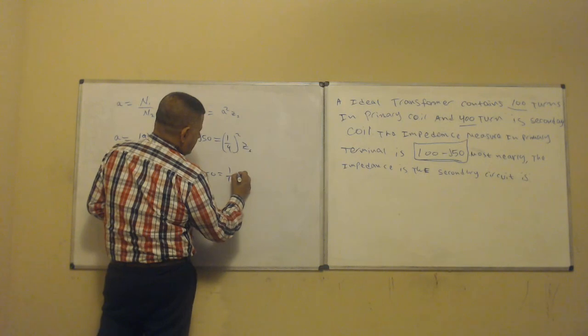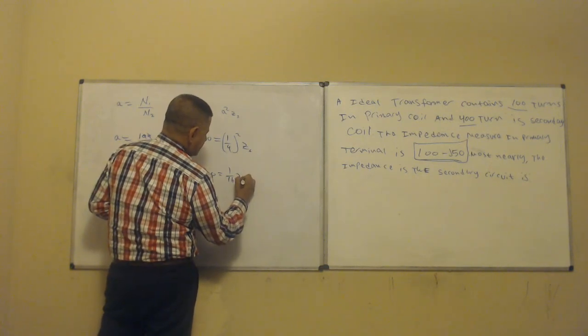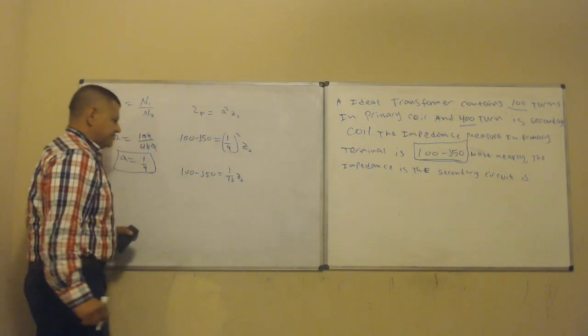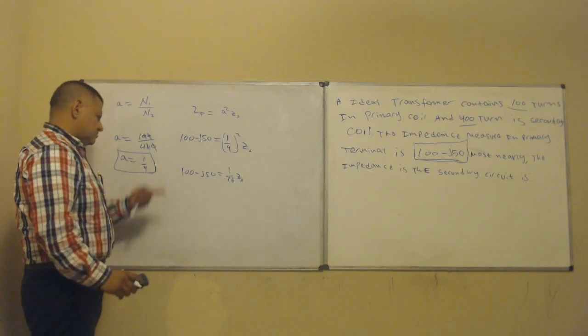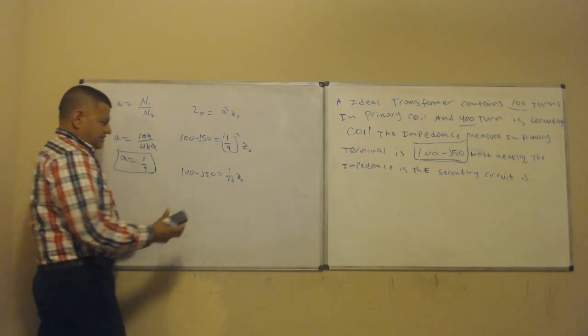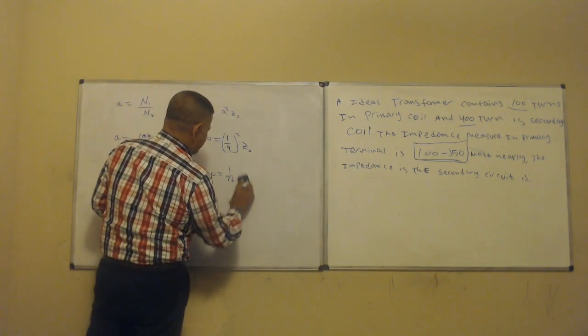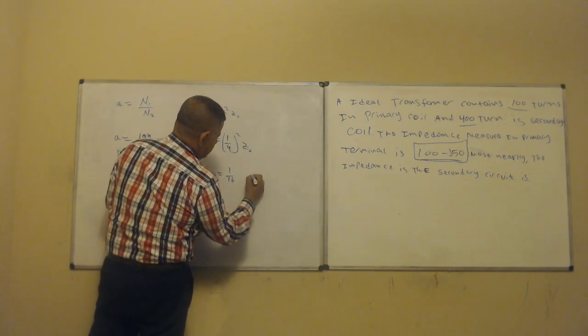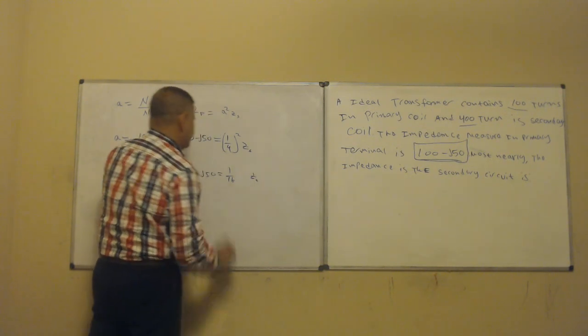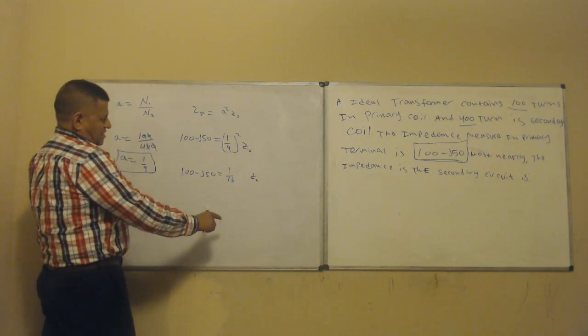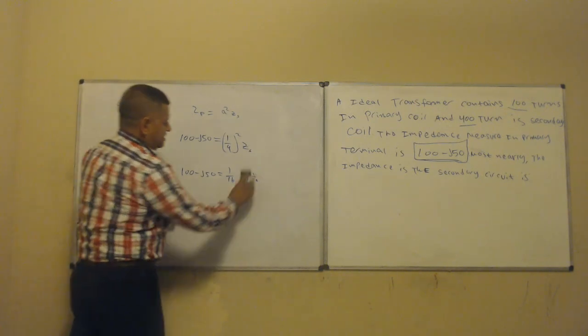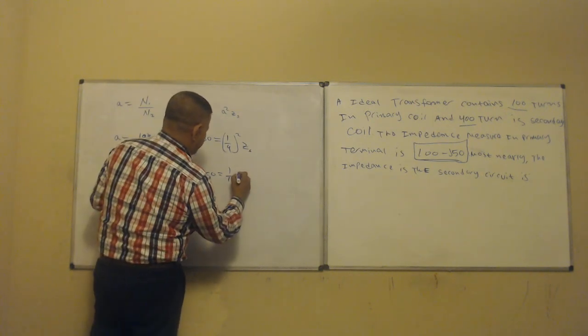And then times the C secondary. Now, let me just leave it like this. I do it in the next step by step.